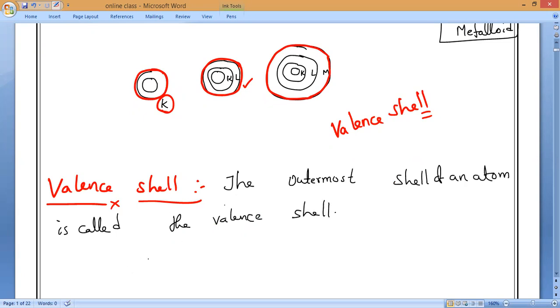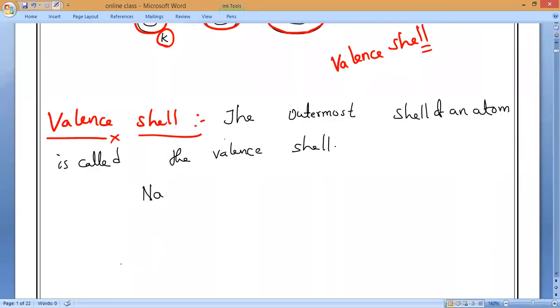Now, let us take sodium. All of you tell me, what is the sodium valence shell? Sodium atomic number is 11. So please arrange the electronic configuration. Tell me K, L and M. So what is the electronic configuration, everyone? 2, 8, 1.